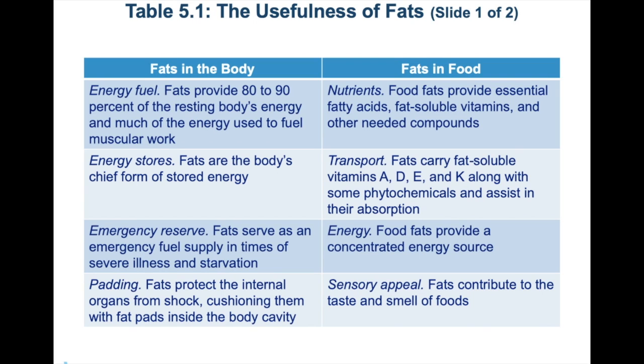So why are fats useful and what's their purpose? Let's first examine the use of fats in foods, so the right-hand column of the next two slides. We know that fats provide nutrients in the form of essential fatty acids, as well as fat-soluble vitamins A, D, E, and K, and other needed components such as fat-soluble phytochemicals. These nutrients and molecules are soluble in fat, thus their transport fat is essential.